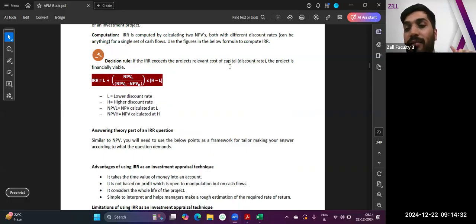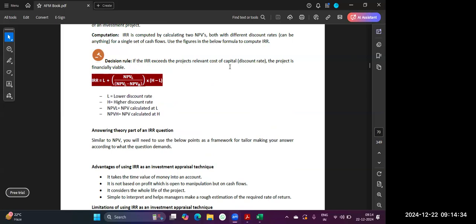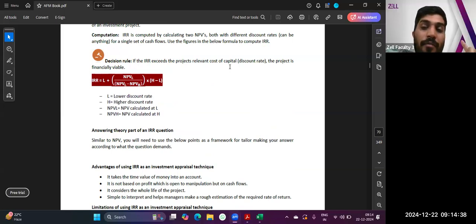The second discount factor is an assumption. There is no logic for that, but technically what we do is, if our NPV is positive using the first discount factor, we assume the second one to be higher than the current one.